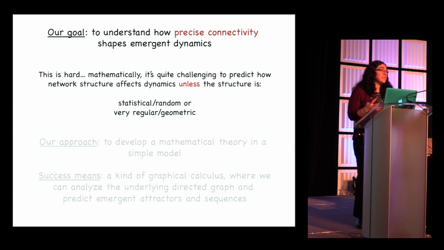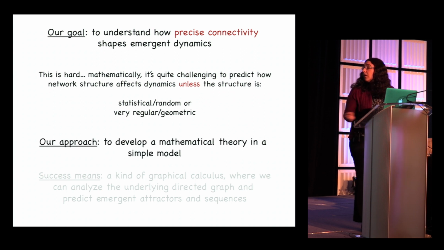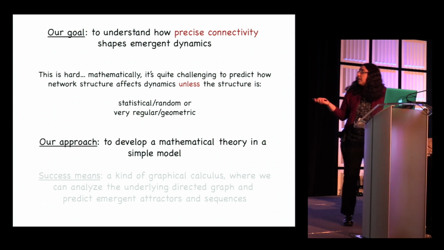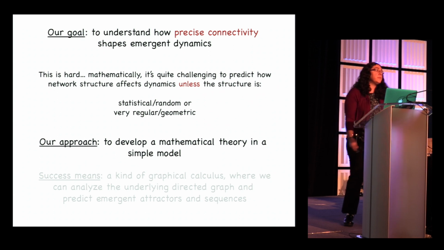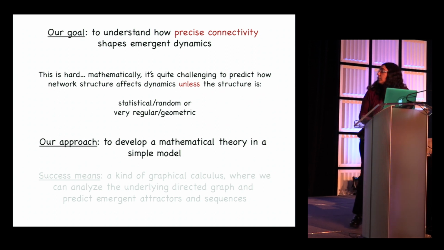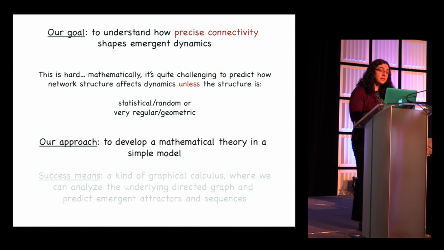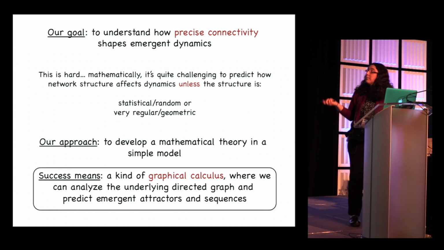So even the math is hard, even if you have perfect knowledge of your network. Our approach is going to be to develop some mathematical theory in the context of a simple model that really isolates the role of connectivity.